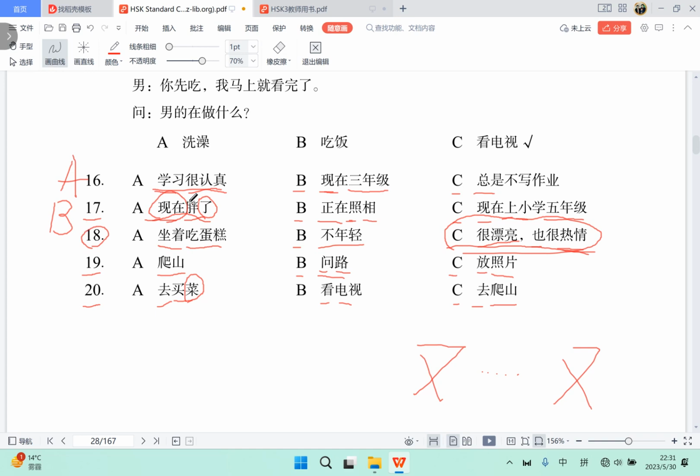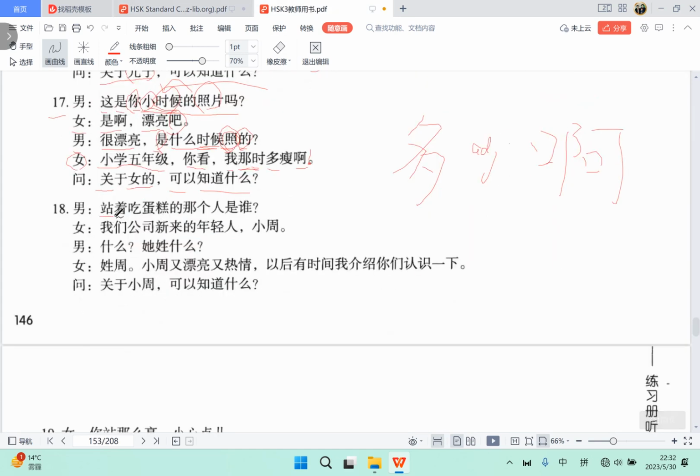And 18, conversation: 站着吃蛋糕的那个人是谁? So we say 的, so we could know this part is going to be an attribute of this part, the verb after 的. So 那个人 that person, and which one? 吃蛋糕 eating the cake while he's standing. 是谁?